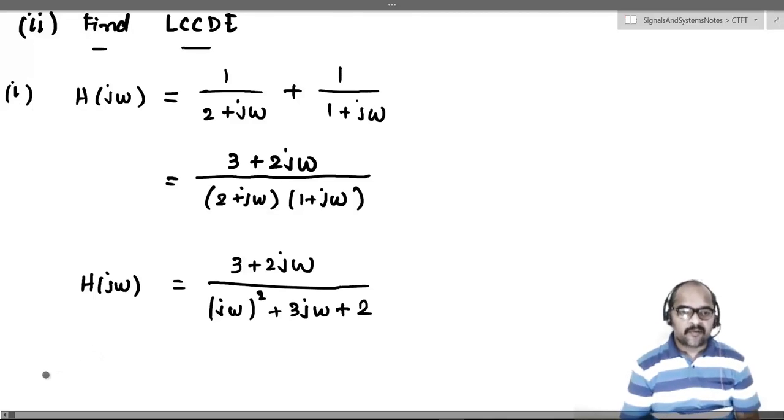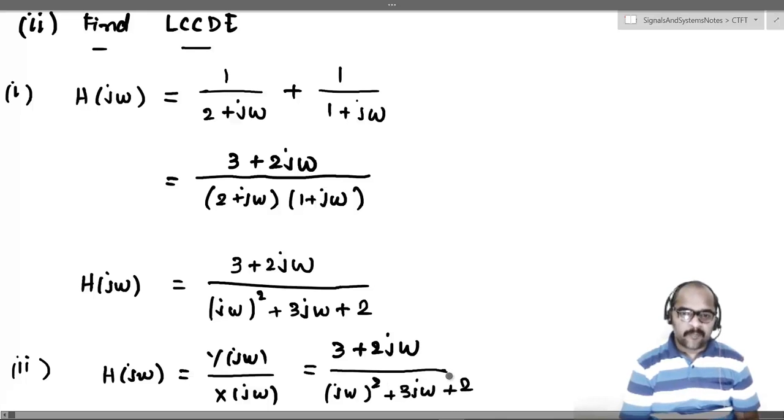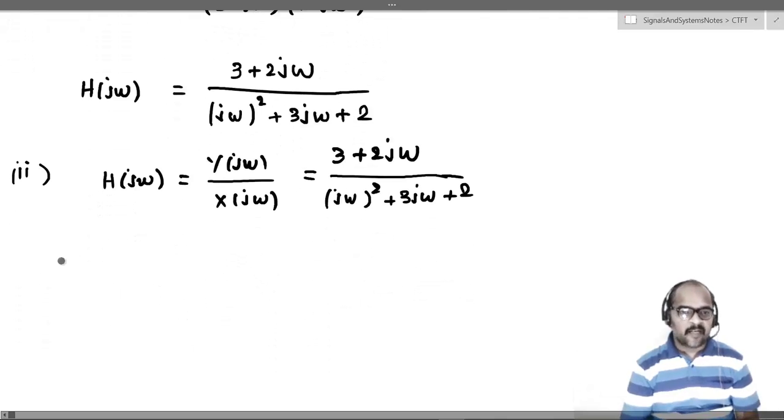To do that, what do we know? We know that H of j omega can be written as Y of j omega divided by X of j omega, which is equal to 3 plus 2j omega divided by j omega whole square plus 3j omega plus 2. Now let us do the cross multiplication.